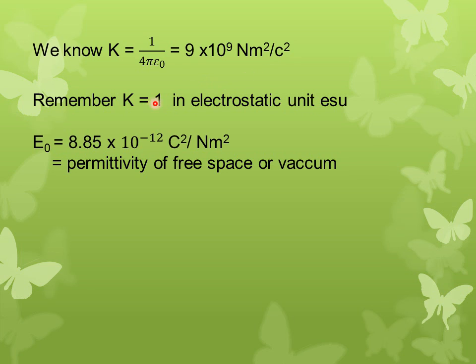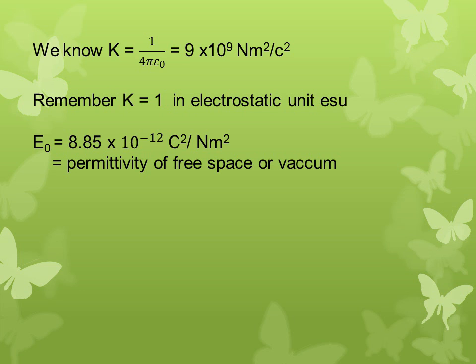We take K equal to 1 in the electrostatic unit, that means ESU. We know epsilon naught is equal to 8.85 into 10 to the power minus 12 C square per N m square. Here epsilon naught is termed the permittivity of free space or vacuum.